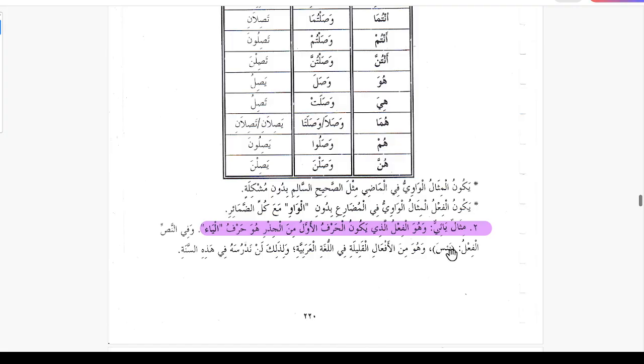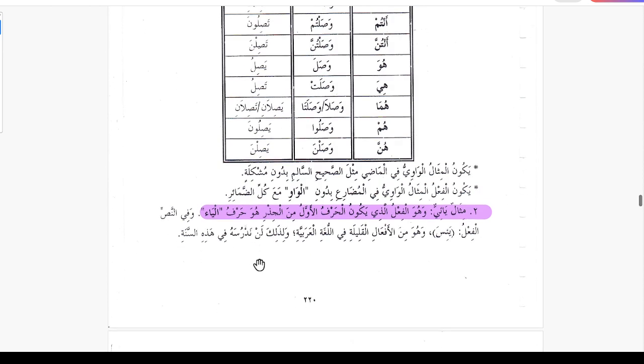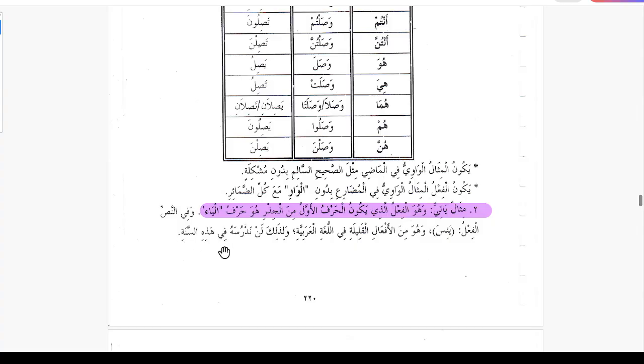So you see the first letter is ya. وهو من الأفعال القليلة في اللغة العربية, and there are few verbs in the Arabic language of this kind. ولذلك لن ندرسه في هذه السنة, and therefore we will not study it this year.